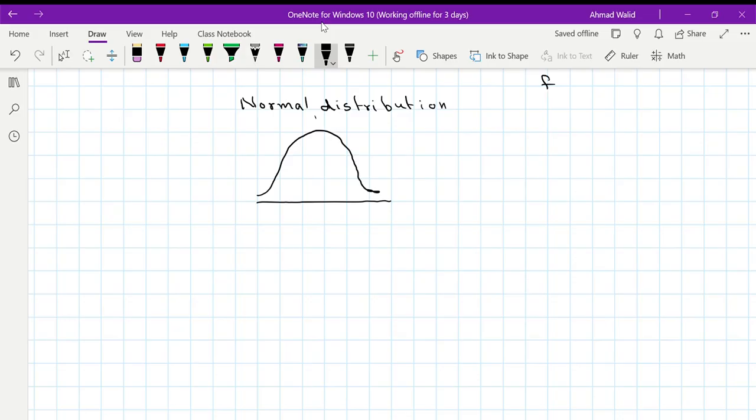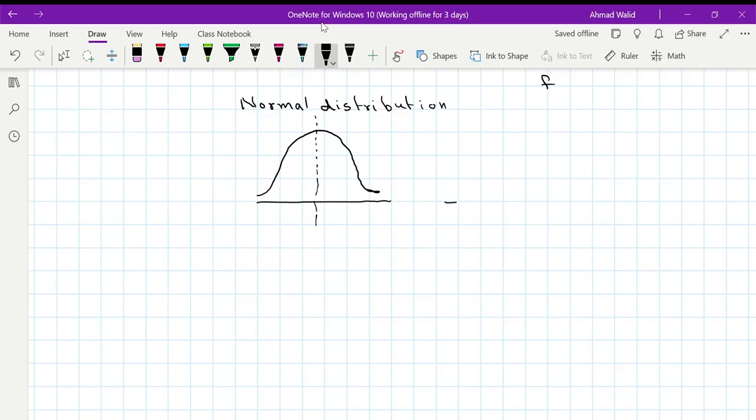It means if this is the center of your graph, which you will learn what we call the center of the graph, two sides of the center are symmetric. We call this distribution a normal distribution. The data is distributed in a normal way.